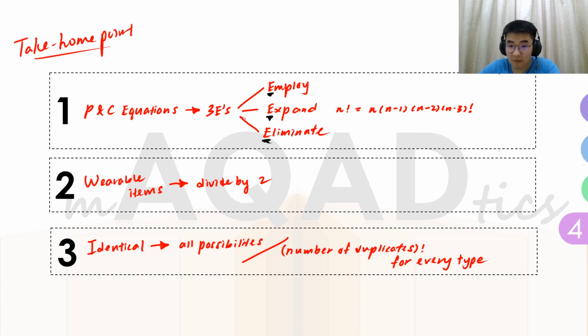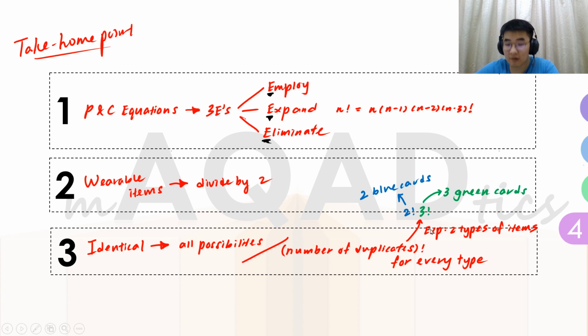Let's say we have 2 types of items which have duplicates, let's say these blue cards and green cards. We need to divide by 2 factorials, and the number of each factorial will be according to the number of duplicates that the card has.